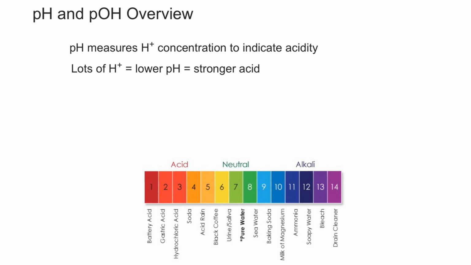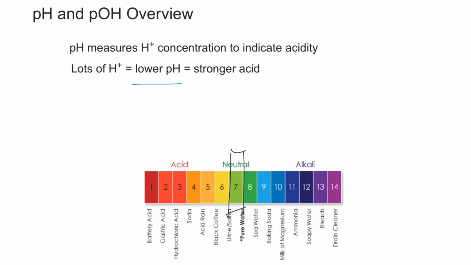First of all, a neutral pH is a pH of 7, as we have right here. Anything below or above the value of 7 is considered either acidic or basic. Anything below 7 is acidic, and anything above 7 is basic. And as I mentioned before, the lower the pH, the stronger the acid.